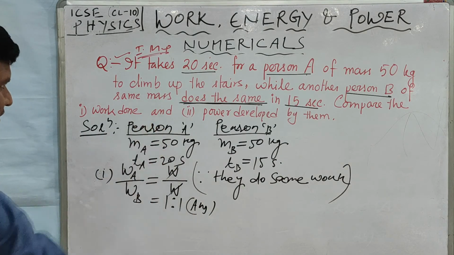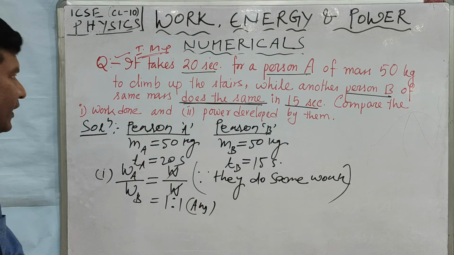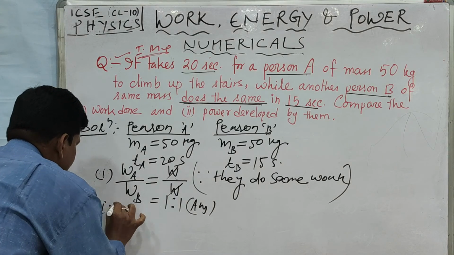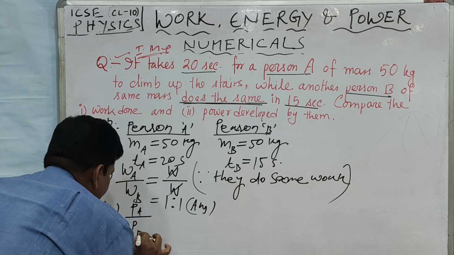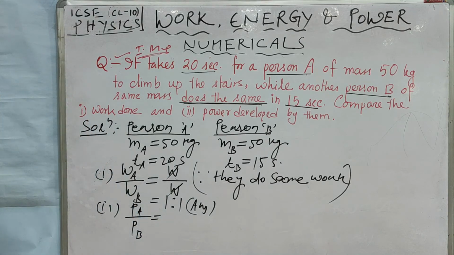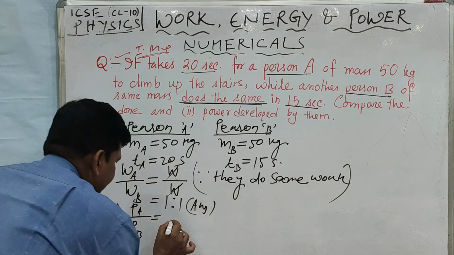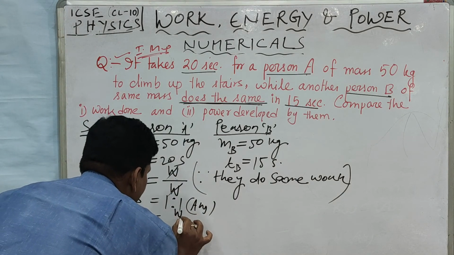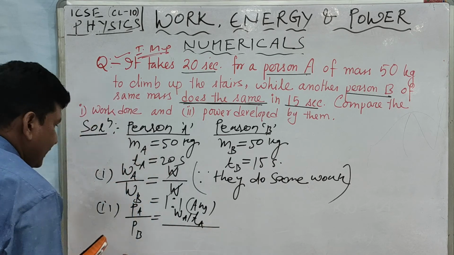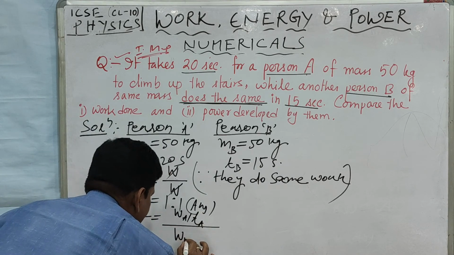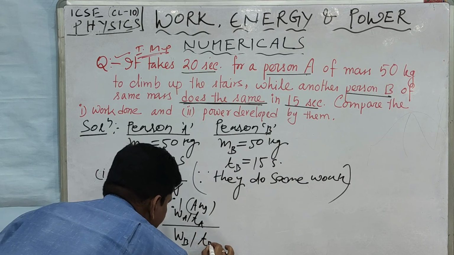Now see, what does question number 2 ask? Question number 2 asks, find the ratio of their power. So for number 2, we'll find PA upon PB, power of A divided by power of B. Now we know that power is equal to work upon time. So in place of PA, we can write WA divided by TA, whole divided by WB divided by TB.